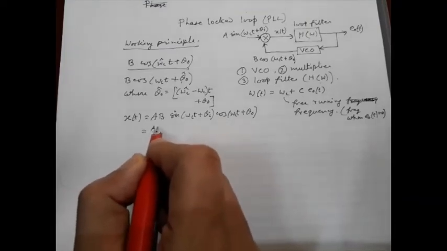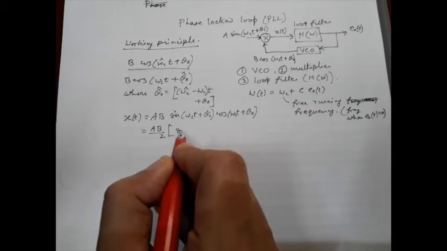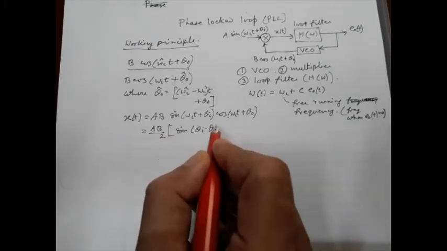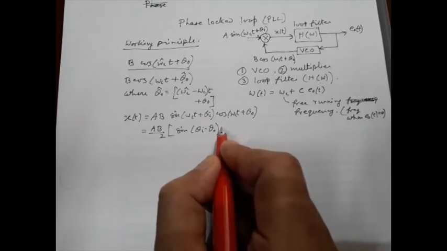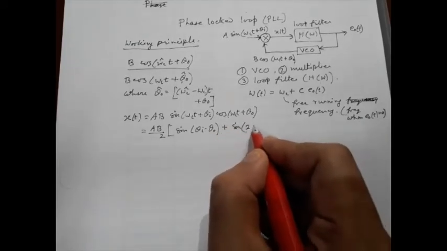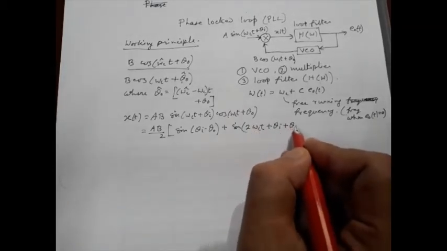Using trigonometric manipulation, we can write sin(theta i minus theta 0) plus sin(2 omega c t plus theta i plus theta 0).